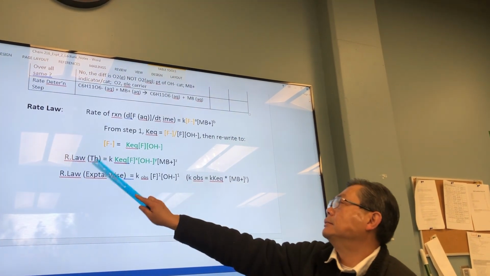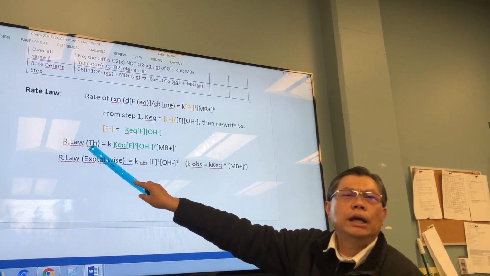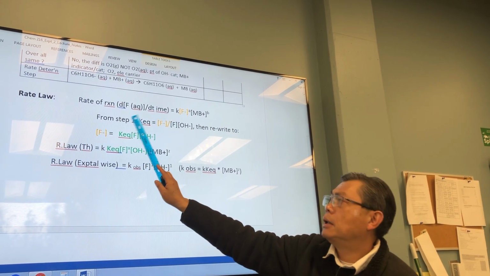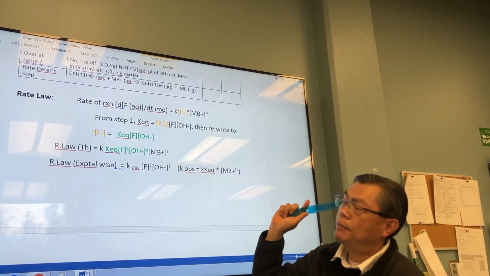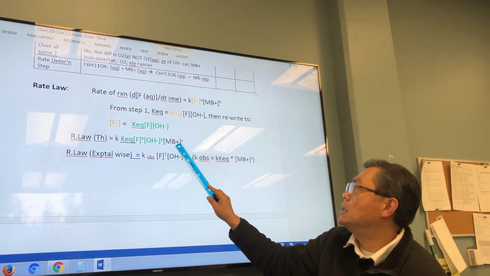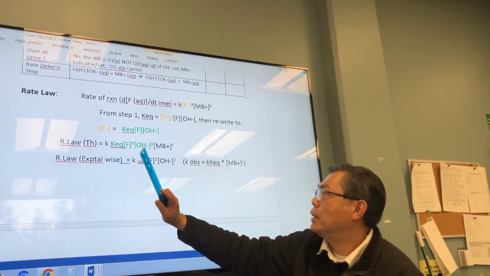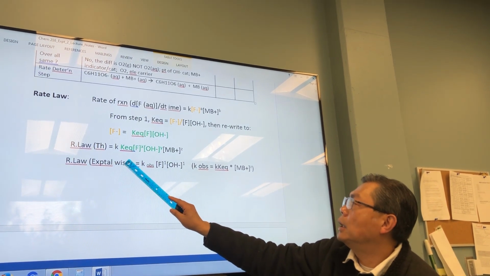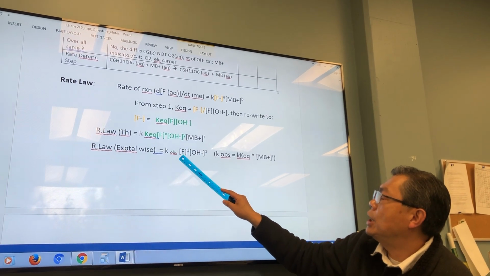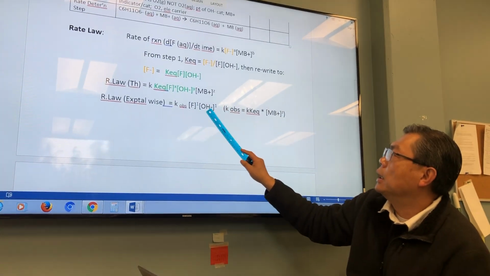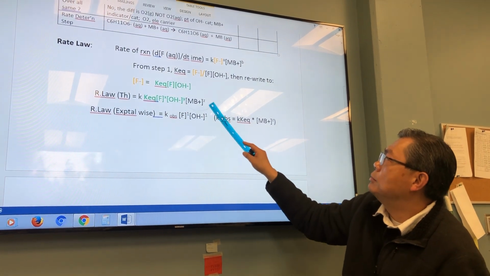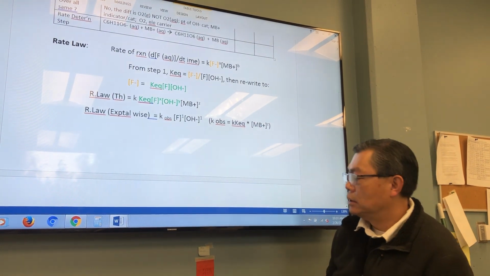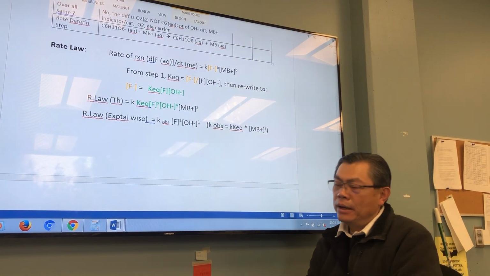Rate law of what? What's TH? Theoretical. So all this mechanism is based on theory. So this rate law is the theoretical rate law. But we did the experimental. So the experimental, what did we do? We only changed and studied the photo and hydroxide, but assumed methylene blue plus is a constant. So we assume it's a constant, or that it would not matter.